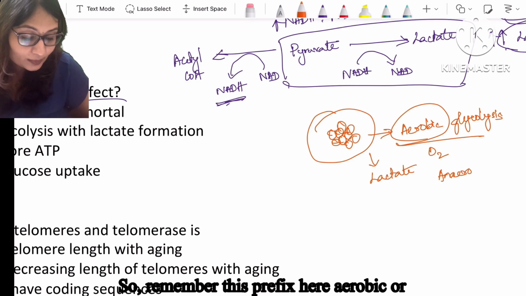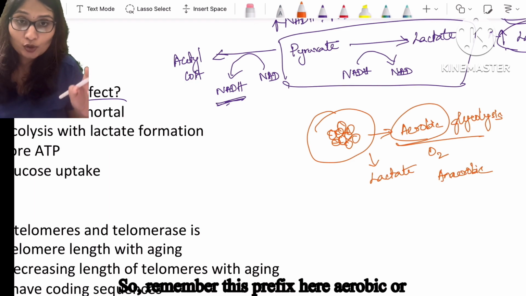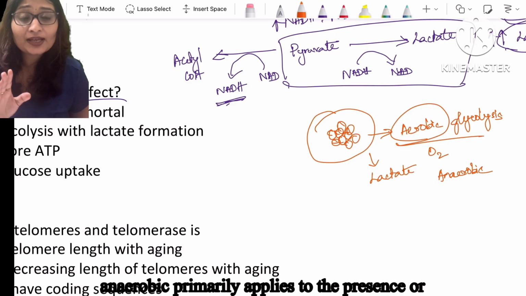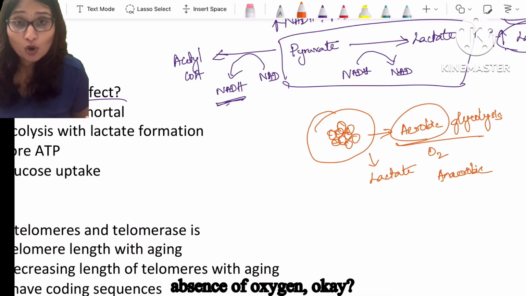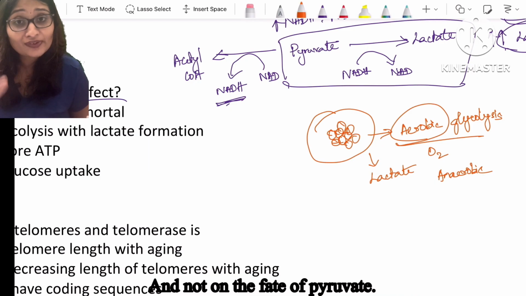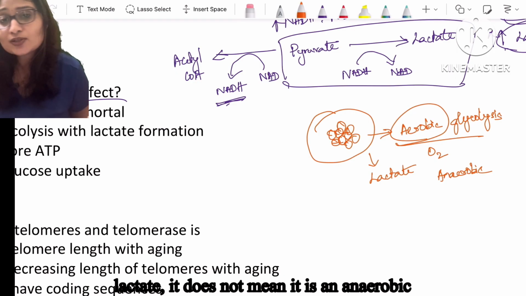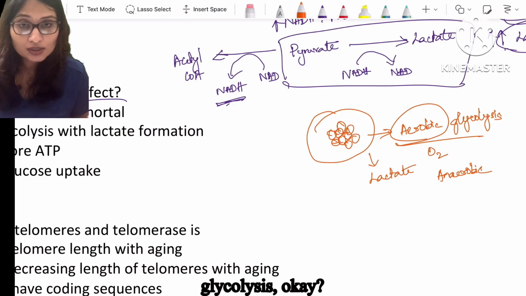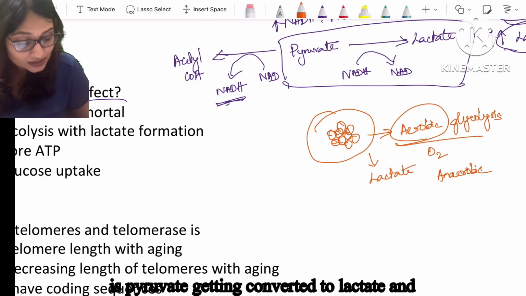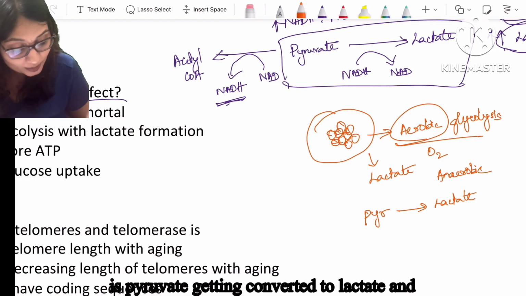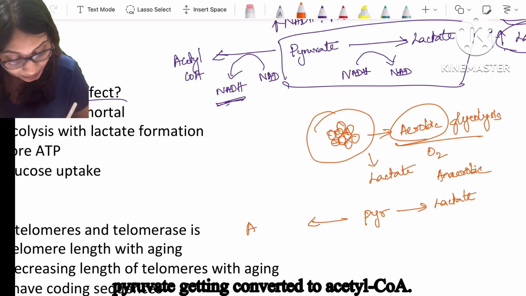Remember, this prefix here, aerobic or anaerobic, primarily applies to the presence or absence of oxygen, and not to the fate of pyruvate. If pyruvate ends up getting converted to lactate, it does not mean it is anaerobic glycolysis. Remember this, pyruvate getting converted to lactate and pyruvate getting converted to acetyl-CoA.